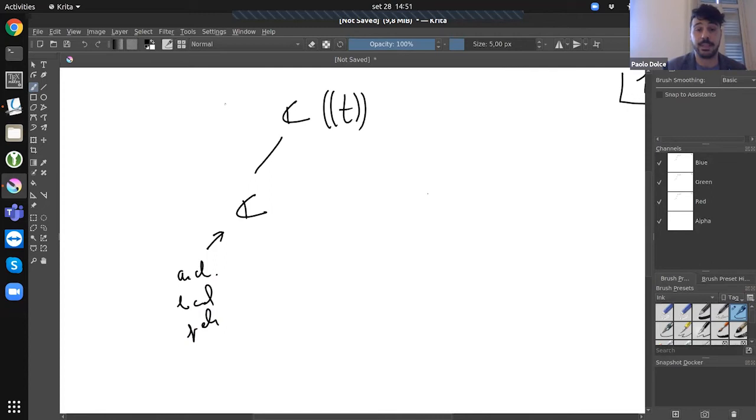So this is two-dimensional. But on the other hand, of course, the Laurent power series field is a complete discrete valuation field. So it is one-dimensional.